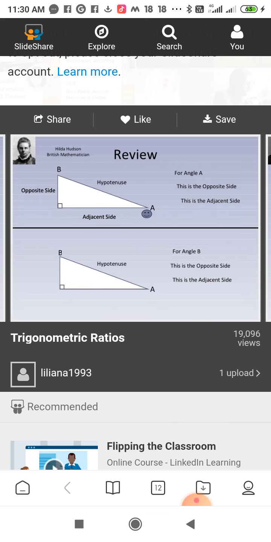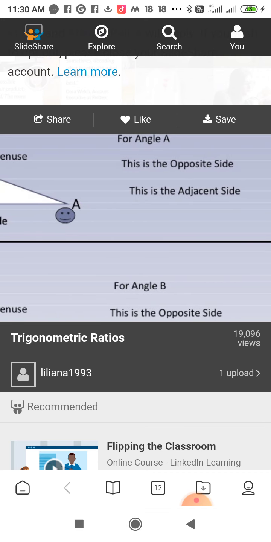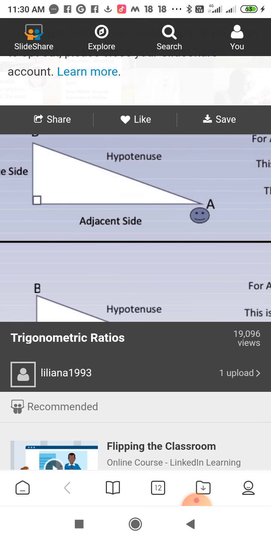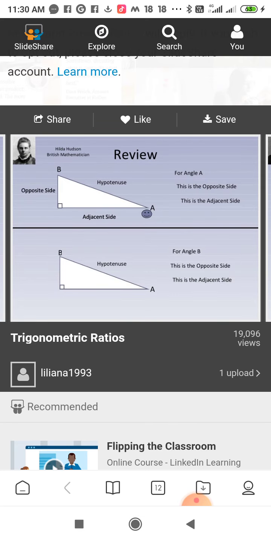So in this part, this is the opposite side and this is the adjacent side. In front of you there are three sides, and with the help of these three sides, there will be six ratios.